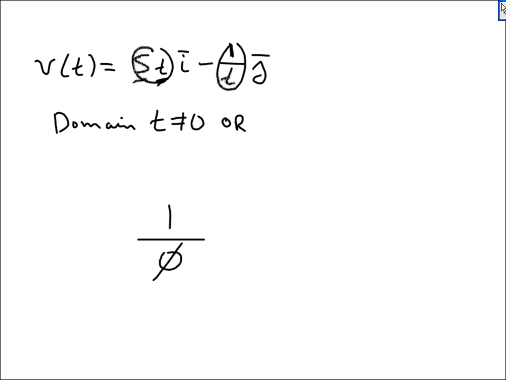There's other ways. You can say from negative infinity to positive infinity, but don't include 0. Put an open bracket. That means don't include. Or from 0 to infinity, but don't include 0. That is from above 0 to infinity.